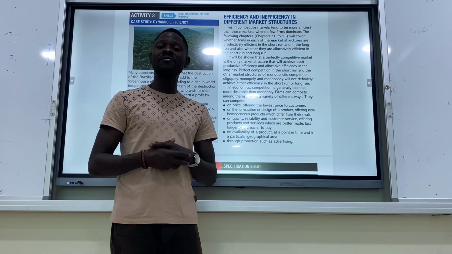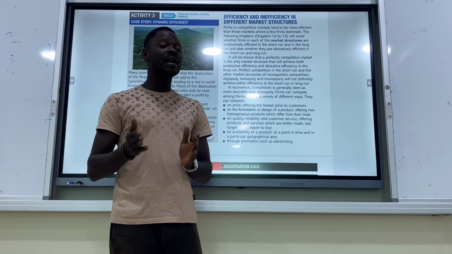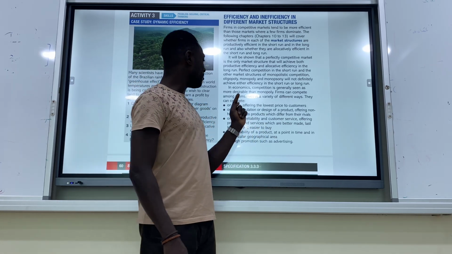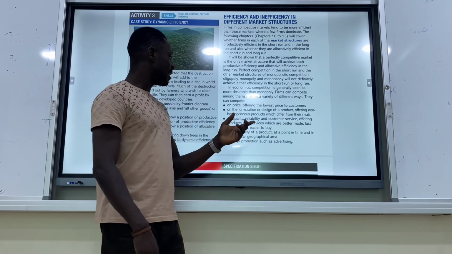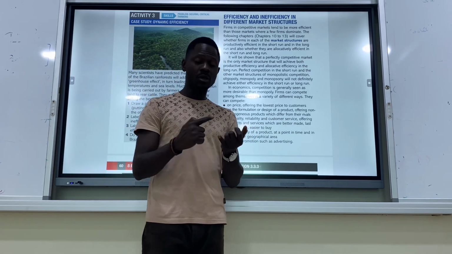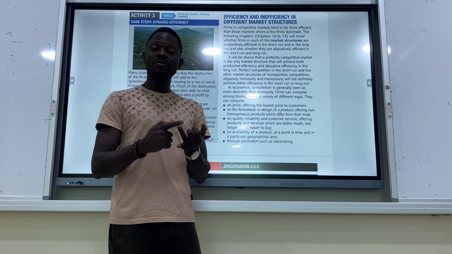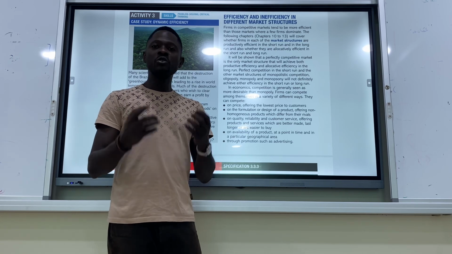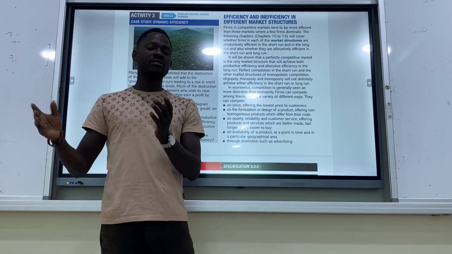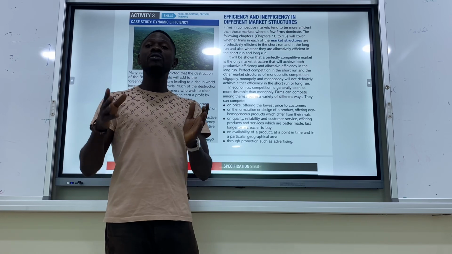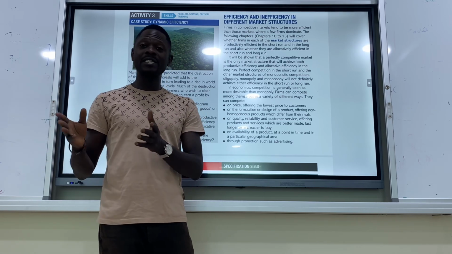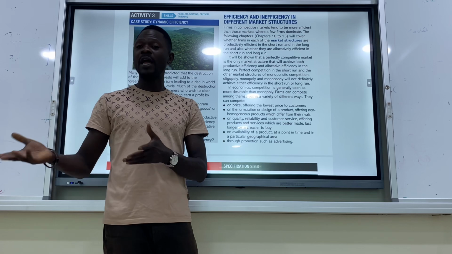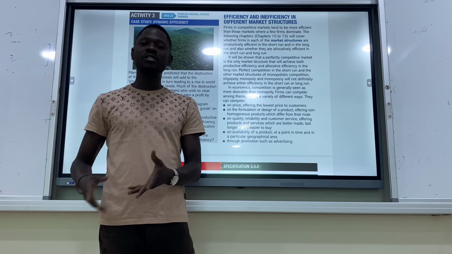And this could always happen in a competitive market, because if a firm in a competitive market is unable to provide a quality product or a quality service, or a product that is reliable, consumers will shift from buying from them to a firm whose product is more reliable and of better quality.